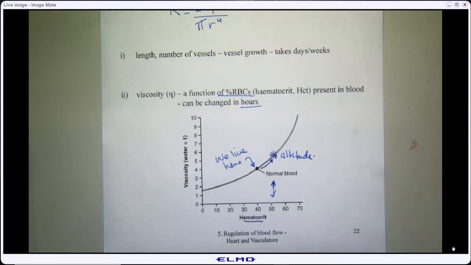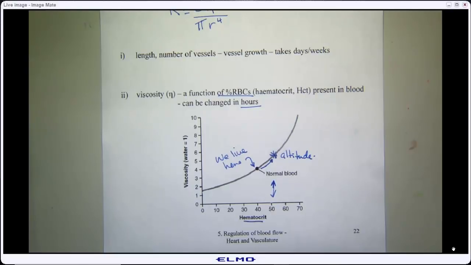An athlete who wants to increase their oxygen carrying capacity, let's say at sea level, months prior to a race, will take blood off and pack those red blood cells, and just prior to the race, they'll put the red blood cells back, right? Blood doping, don't do that. It's a super bad idea, right?